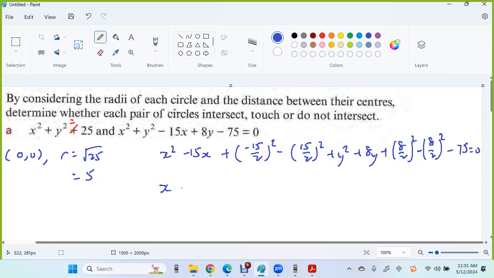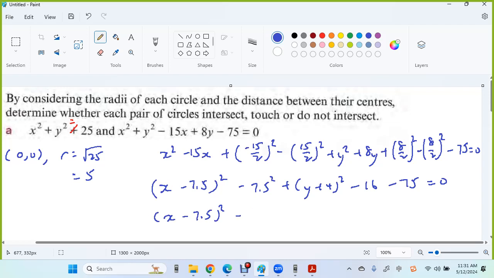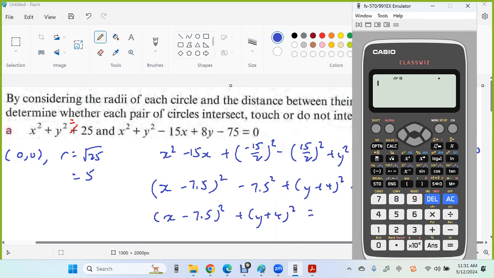Then we have (x minus 7.5) squared minus 7.5 squared plus (y plus 4) squared minus 16 minus 75 equal to 0. So we have (x minus 7.5) squared plus (y plus 4) squared equal to 7.5 squared plus 16 plus 75. So it's 589 over 4.